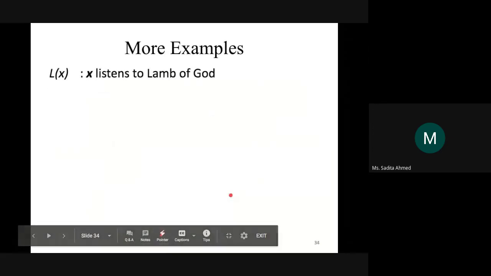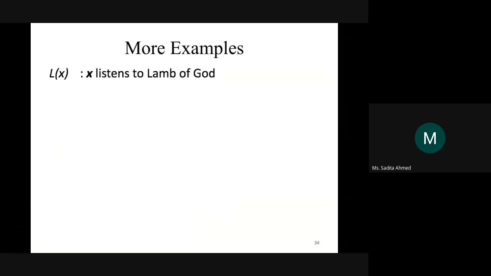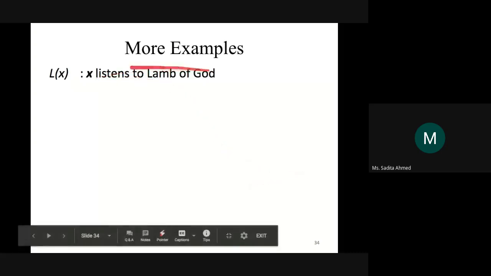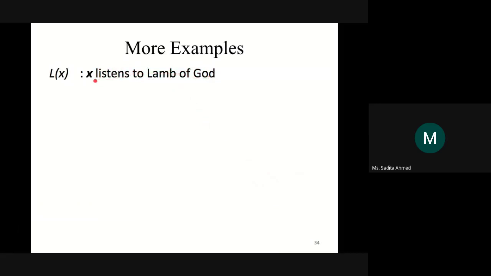Okay, let's say L(x) is a propositional function which represents the statement x listens to Lamb of God. However, is this statement a proposition? No, because you cannot definitively say whether this statement is true or not unless you specify the value of x.